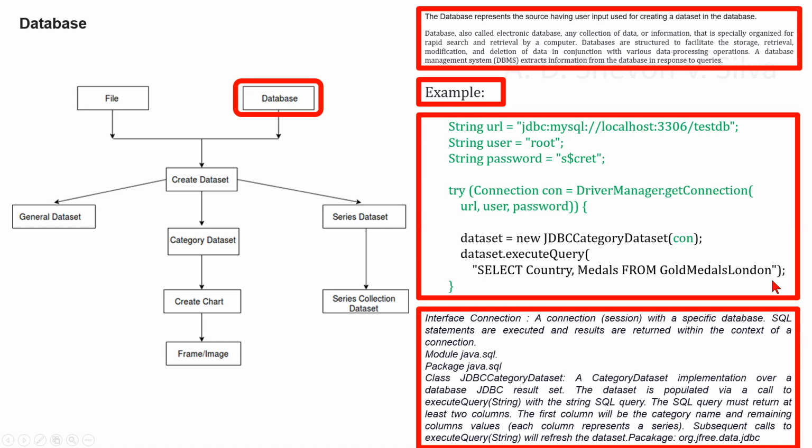The SQL query must return at least 2 columns here. The first column will be the category name and the remaining columns are values for the chart. Each column represents a series. A subsequent call to executeQuery(String) will refresh the dataset.